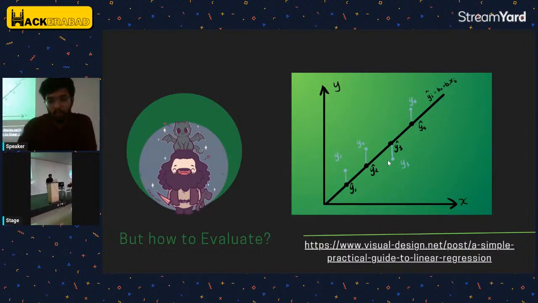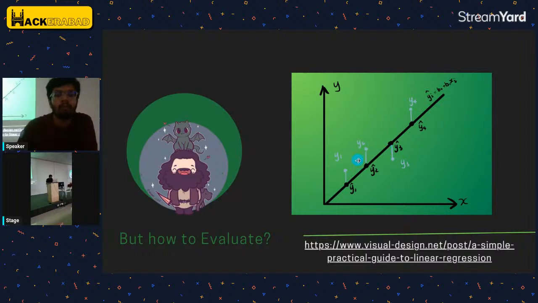Same way. That line is a prediction, right? We are using the line for predictions. And those gray things you can see, those are actual values. That gray line is how much I'm wrong. అర్థమైందా?